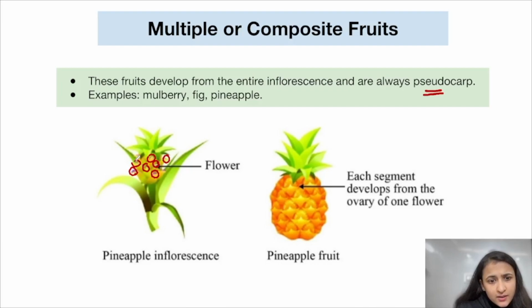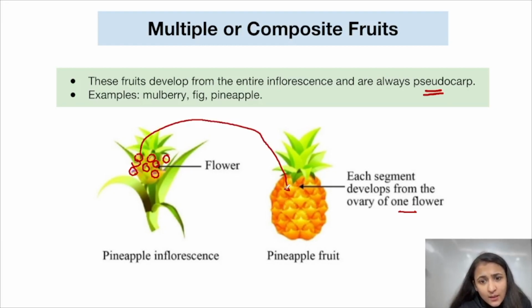Each segment that you can see in the pineapple fruit develops from the ovary of one of these flowers. Each of these flowers develops into one segment present in the pineapple fruit. So numerous flowers are involved in the formation of this pineapple fruit.